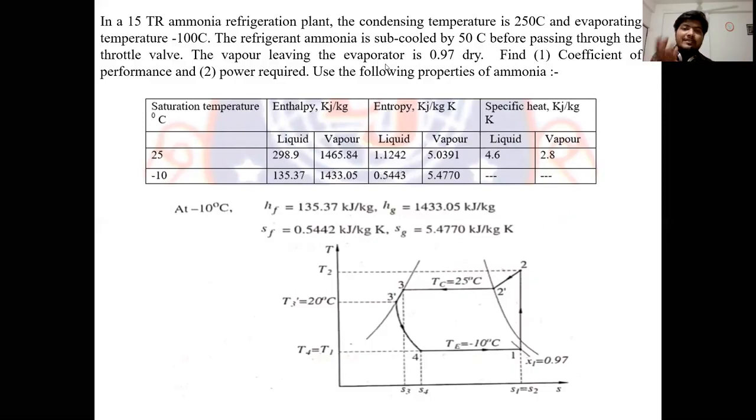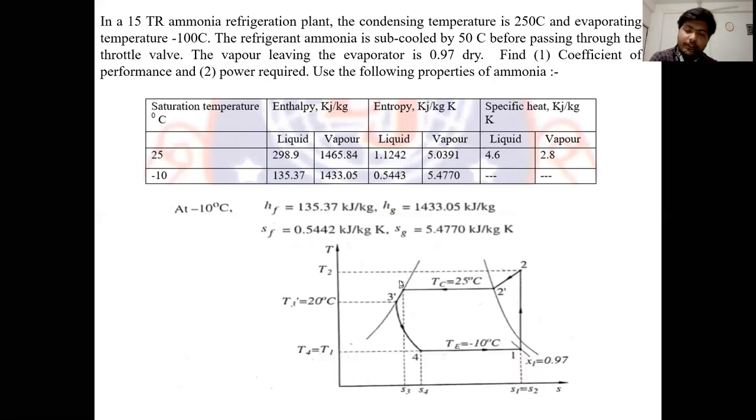Leaving the evaporator means inlet of the compressor, that is point number 1. That means X1 is given, that is 0.97. Find the COP and power required, and the table for ammonia refrigerant is given with corresponding enthalpy, entropy, and specific heat, CPV is 2.8 and CPL for liquid is 4.6.